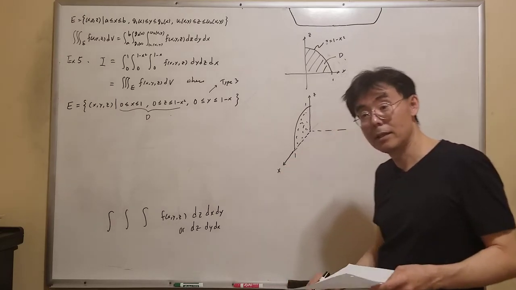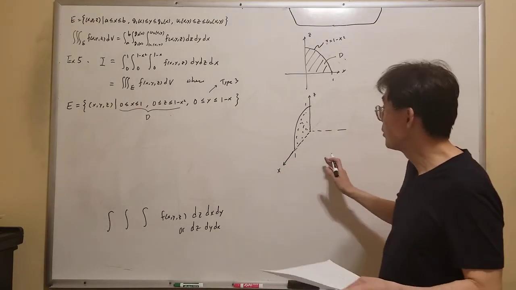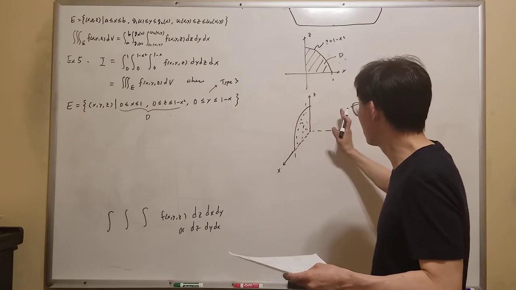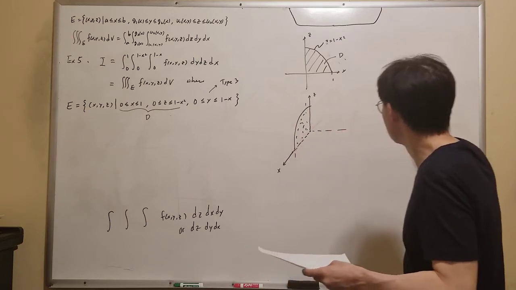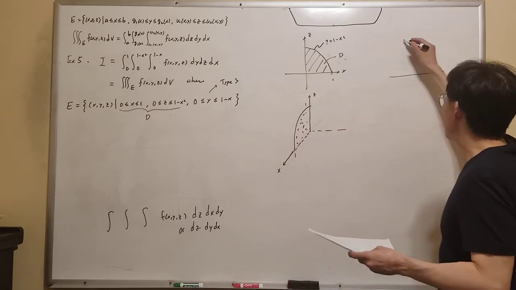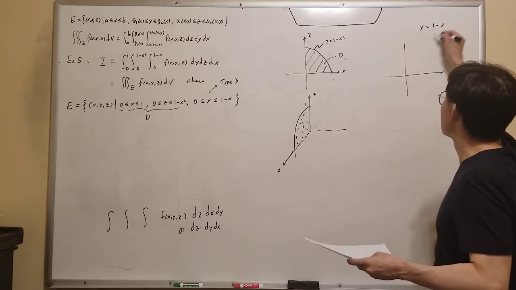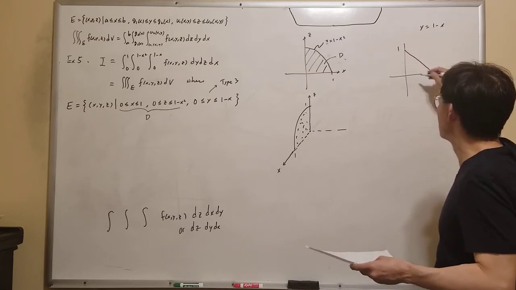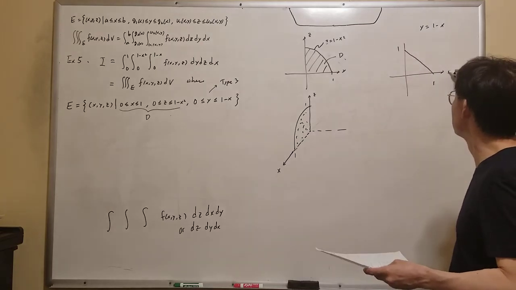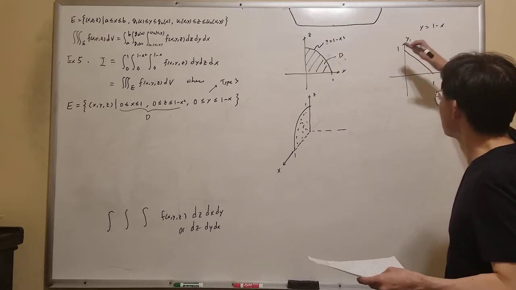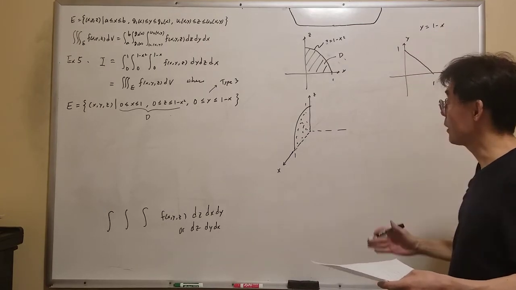Y runs from y equals 0 to y equals 1 minus x. Y equals 1 minus x means this 1, 1. It's a plane, right? Perpendicular to the xy plane.